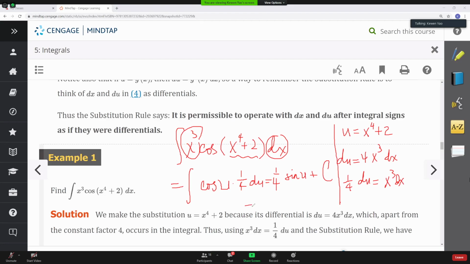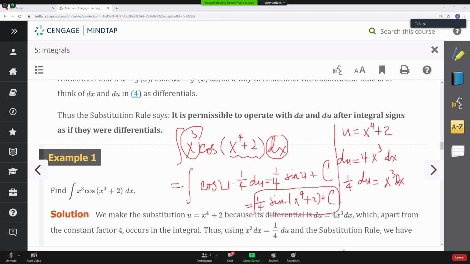So the final answer you have is in terms of x, right? u is the intermediate variable you have introduced in order to solve this. Yes, it's 1/4 sine of u. u is x^4 plus 2. Plus c.